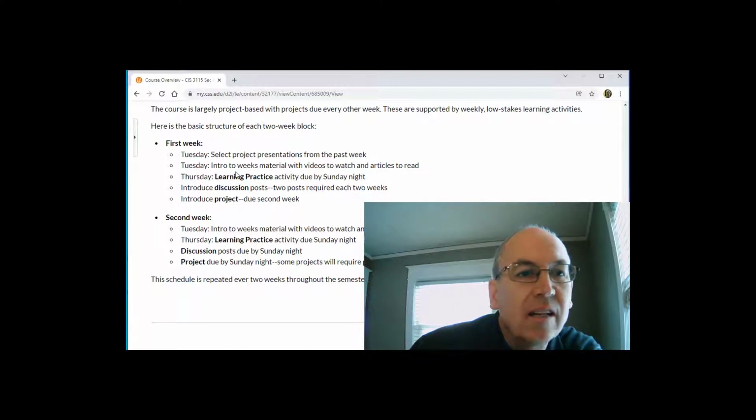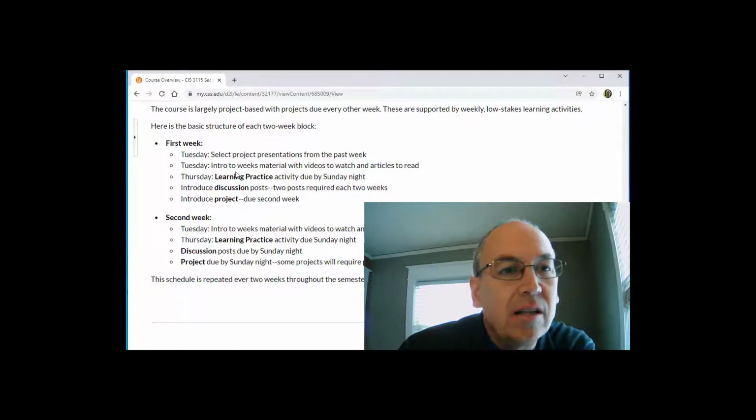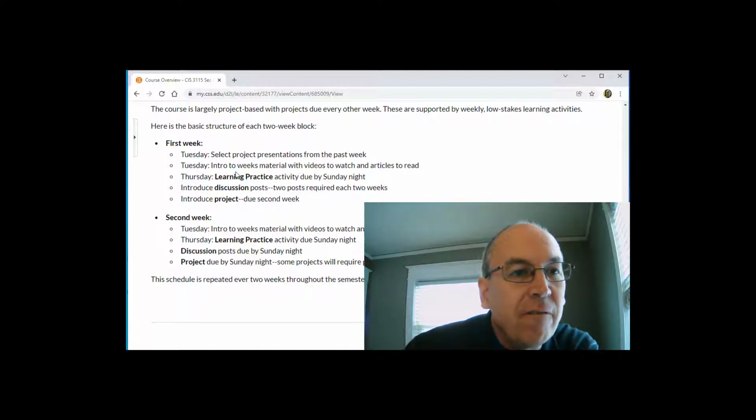Thursdays we do what is called a learning practice activity, which is kind of like a lab where we go through what is called a notebook and do some programming, analyze data, and do some practical stuff. The first week we'll also introduce the discussion posts and the projects, but both won't be due until the end of the second week.